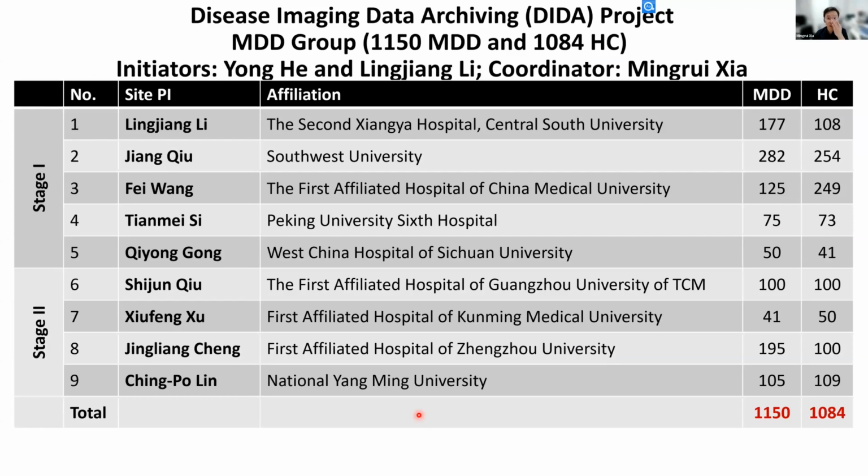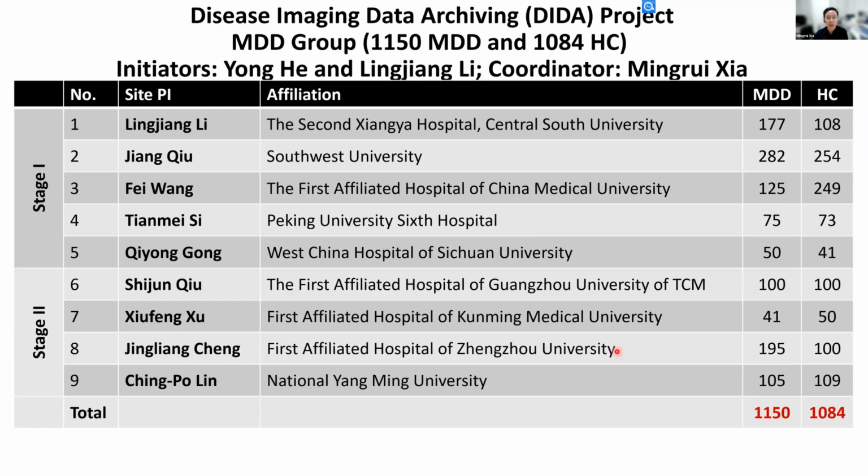Following this idea, we initiated the disease imaging data archiving project in Beijing Normal University. We cooperated with several top hospitals and research institutes in China. For the MDD group, we have collected resting state fMRI data from over 2,000 participants.